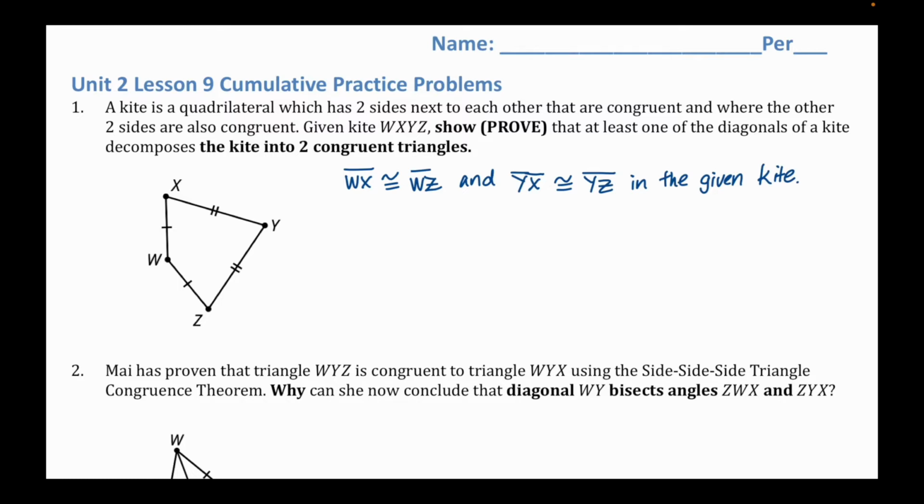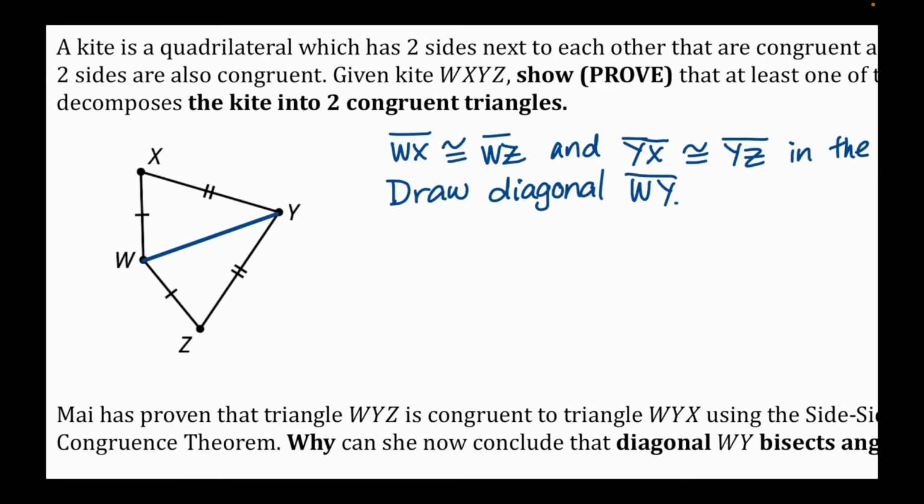Now we can say draw diagonal WY. You don't have to tell this, but I like to include it because I want whoever's reading my proof to see, oh yeah, that's the one I'm using.